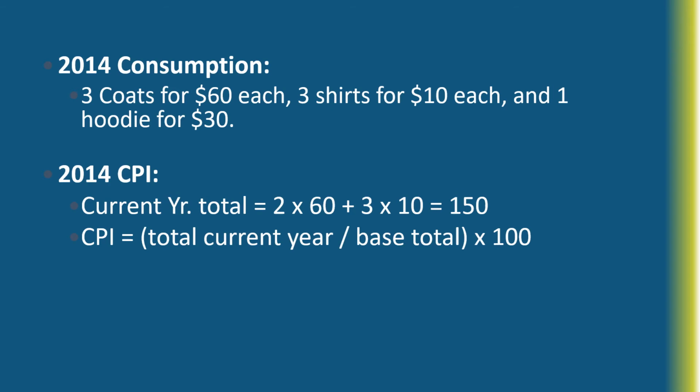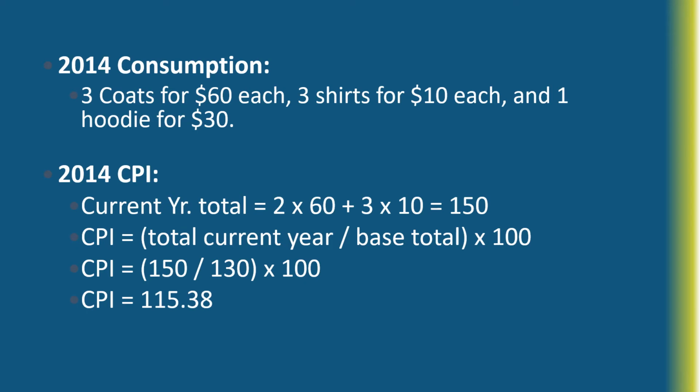Now we can take that CPI equation and plug everything in. Our total in this current year is 150. Our base year's total is still that 130, and then we multiply it by 100, and our CPI in the year 2014 then is 115.38.